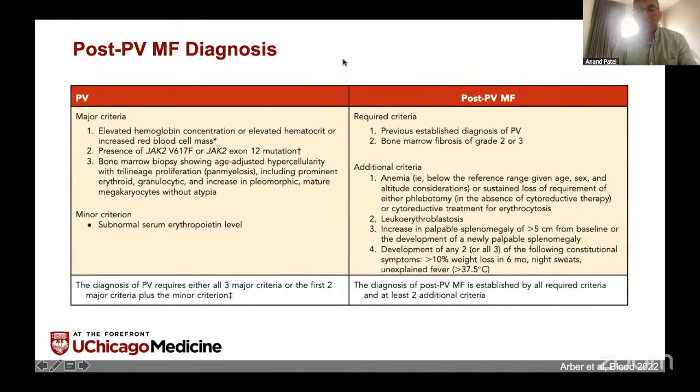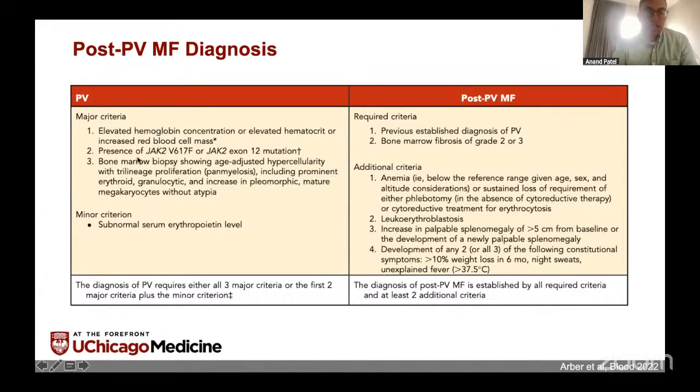Now, let's dive into the different types of secondary myelofibrosis. The two most common types are post-PV myelofibrosis and post-ET myelofibrosis. So we're going to focus on post-PV myelofibrosis first. As mentioned, the diagnosis for PV really relies on having an elevated hemoglobin or hematocrit.